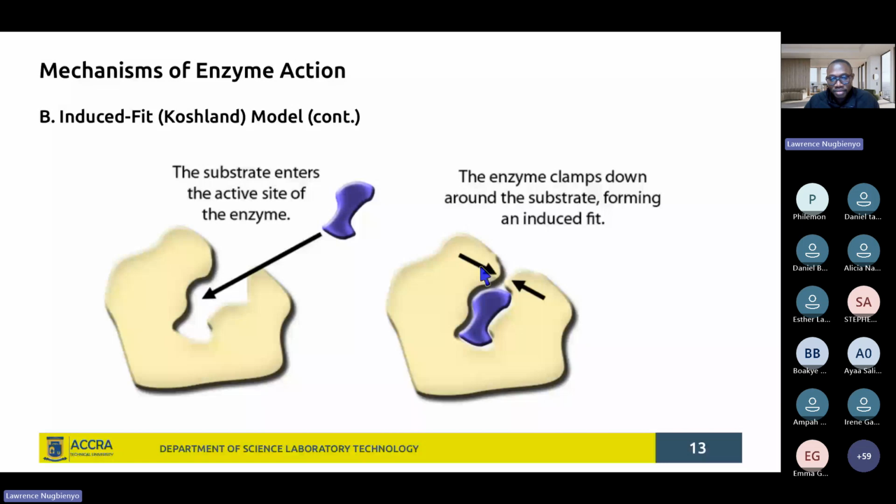So it is the substrate that induces the fitness of the enzyme. That's why it's referred to as the induced fit model, also known as the Koshland model.